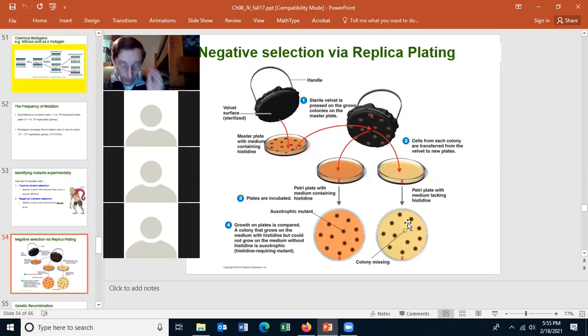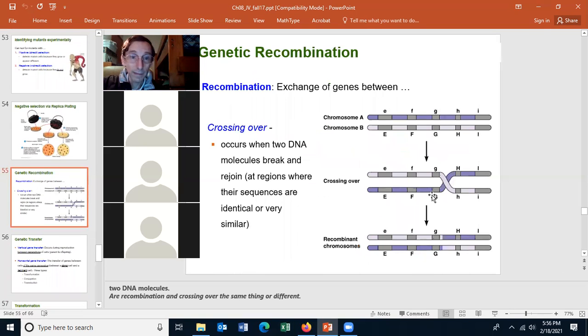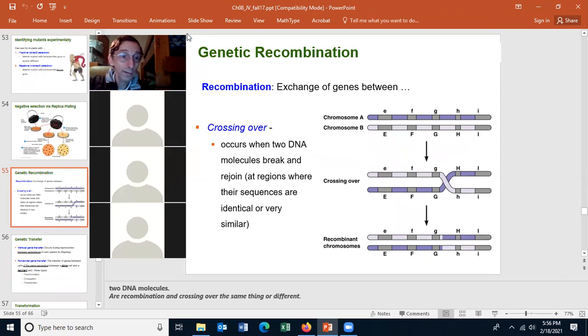I'm not a biochemist. I can't tell you how you make the amino acid histidine. But these cells can make the amino acid histidine, okay? But these cells can't. So they're a mutant. And that's negative selection. All right, any question about mutations?